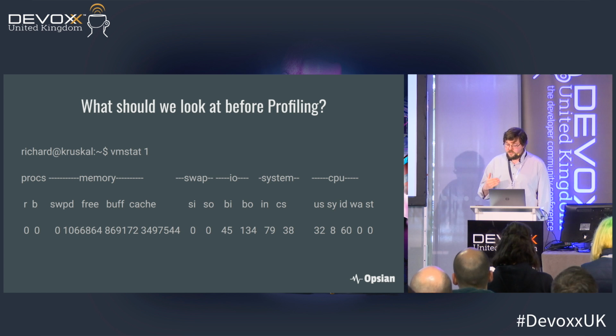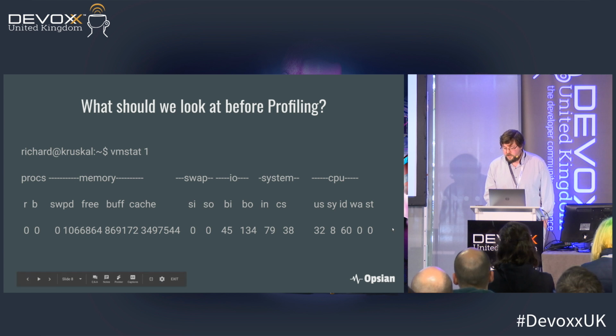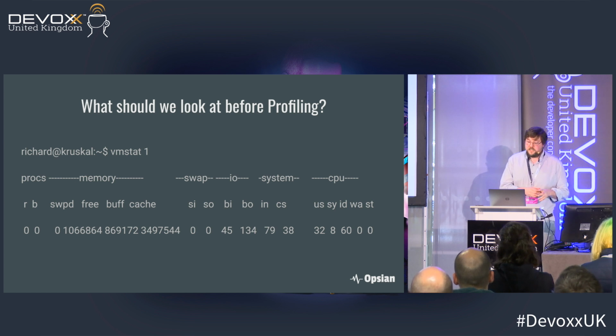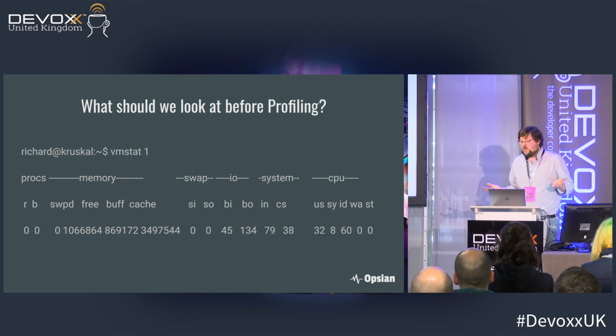But what are these key metrics that are worth thinking about when looking at your system? Some of the most important things are just basic CPU time measurements: user time, system time, idling, wait, and steal. Looking at the ratio of how much time you're spending inside user space, that's your application code, versus system time, which is where you're spending time in the kernel, versus time where you're idling and your system isn't doing very much, is really useful.